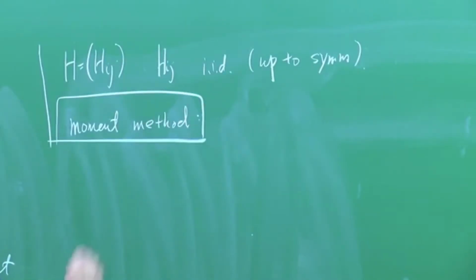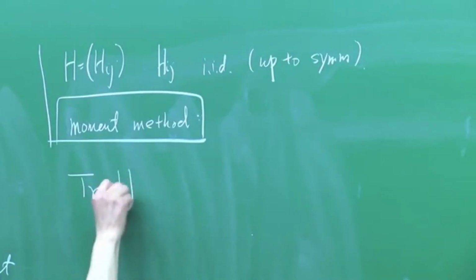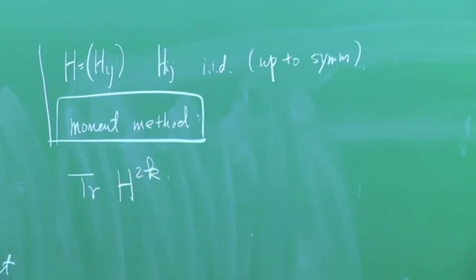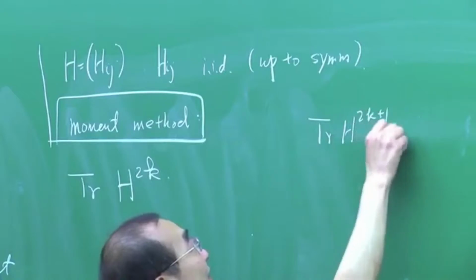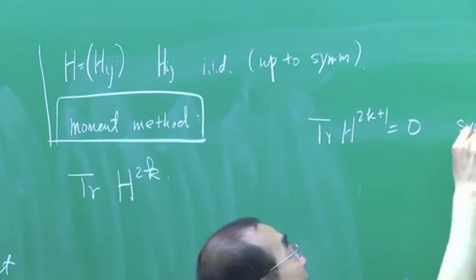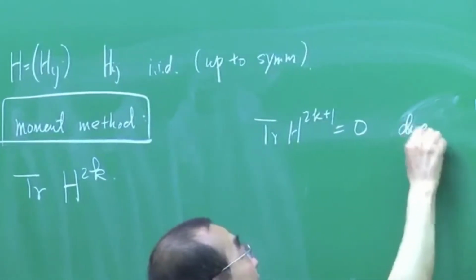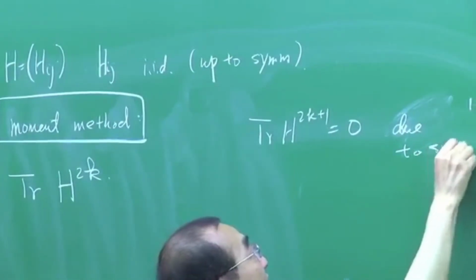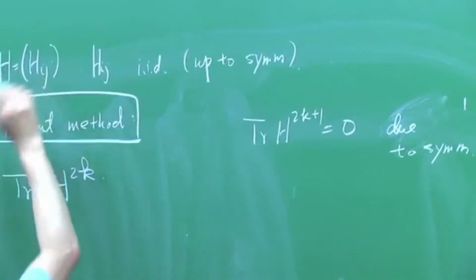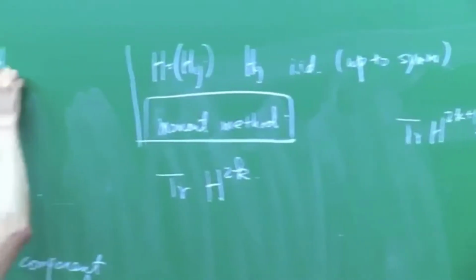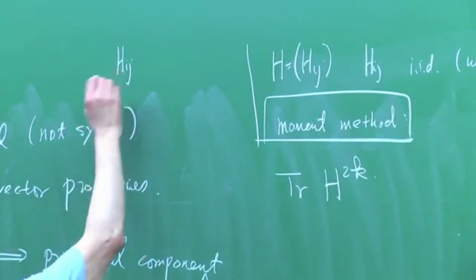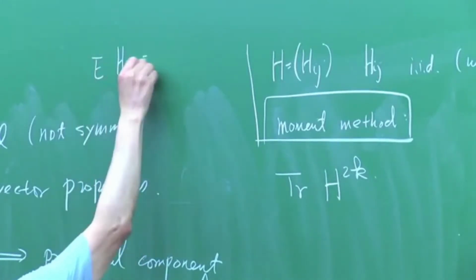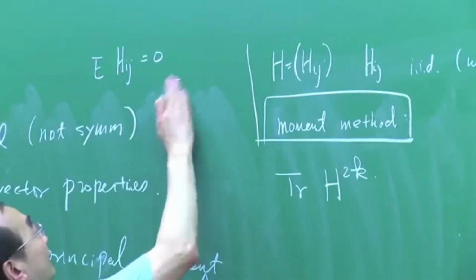So what he did was compute the trace of H to the 2k. You know, the trace of H to the odd k is 0 due to symmetry. I should say here that h_ij has mean 0.